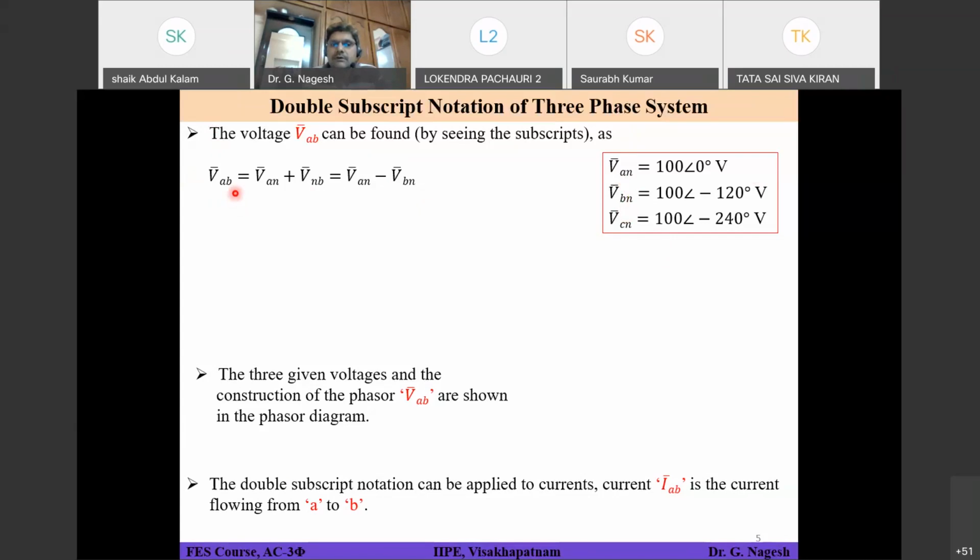Anyway, line voltage terminology will come later. I am trying to find out the voltage VAB. So try to substitute these phasors in this expression and find out what the value of VAB could be. Simply substitute VAN and VBN in this expression and find out the VAB phasor value.